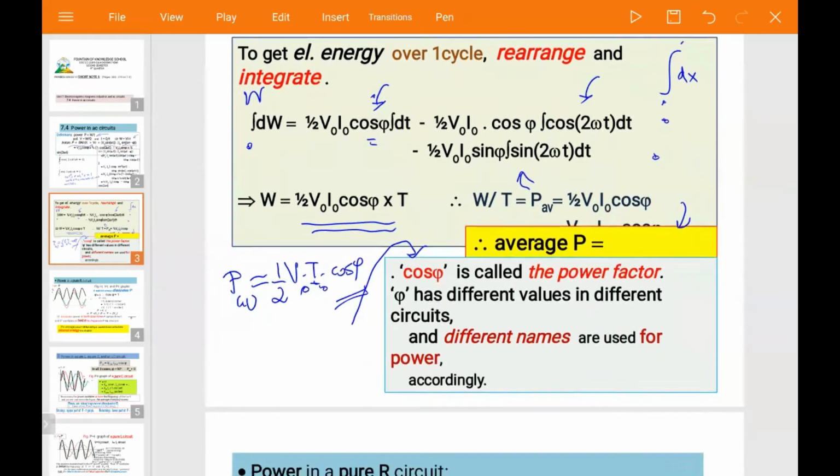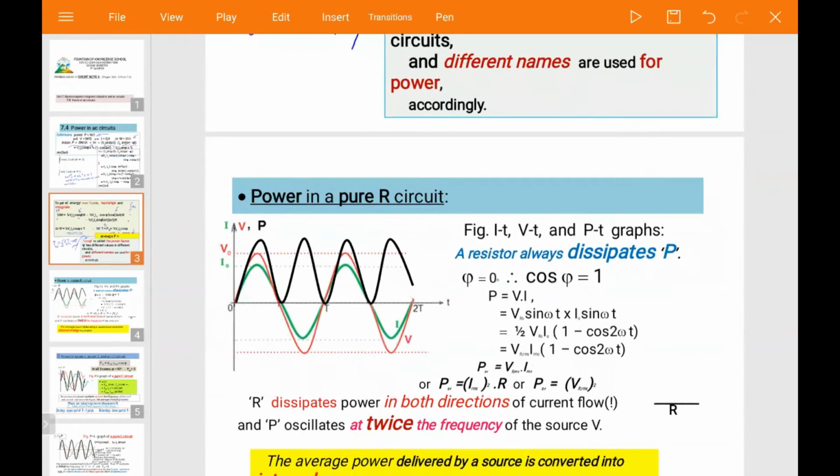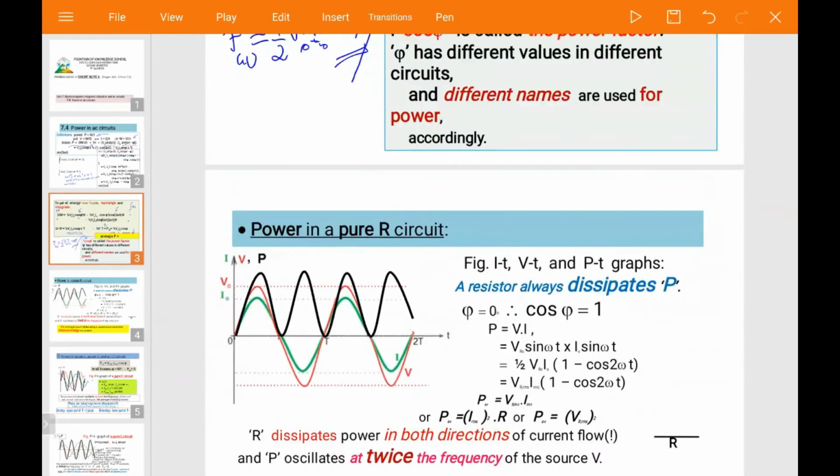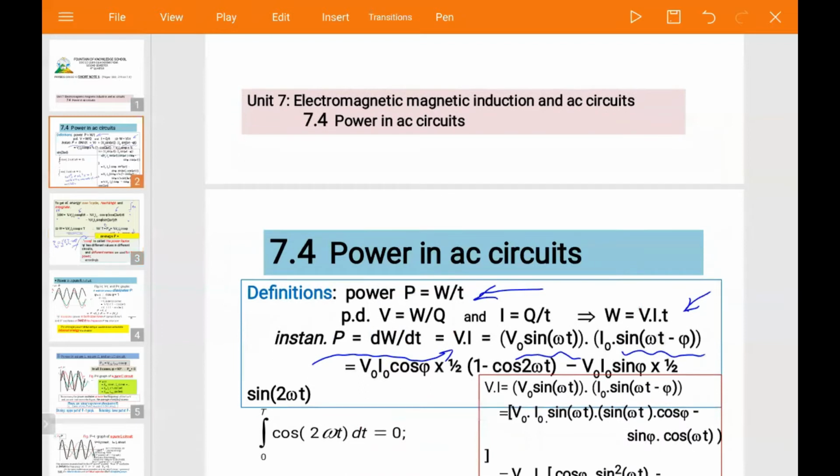Where does the problem lie? Pure circuit. Are you asking questions?